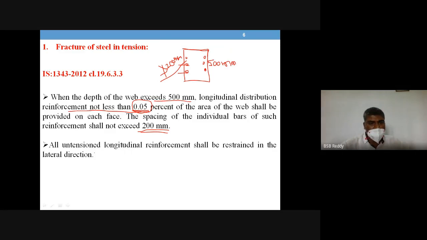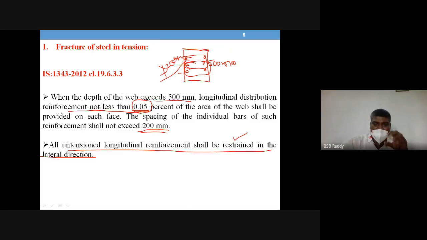Okay, and all untensioned reinforcement shall be restrained in the lateral direction. Means sufficient number of stirrups shall be designed, okay, like this, so as to restrain, means to hold, each and every longitudinal bar which is running in this direction. These are all the bars which will run in this direction.